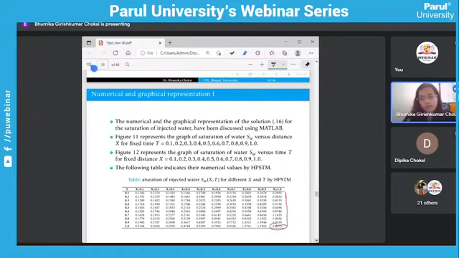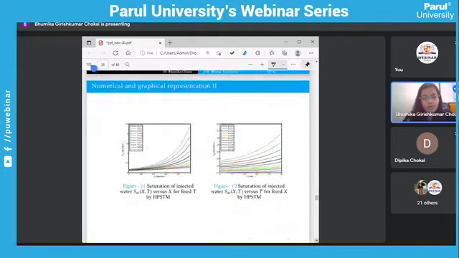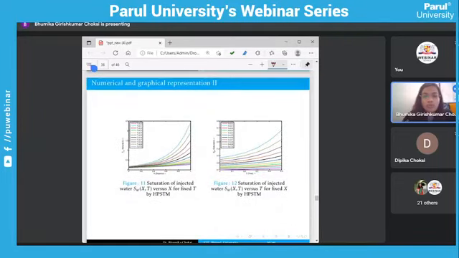If I show you the graph, the saturation of injected water versus x for fixed t, I have fixed t from 0.1 to 1. You can see the saturation of water is increasing as distance is increasing. In the same way, it is increasing with time also.